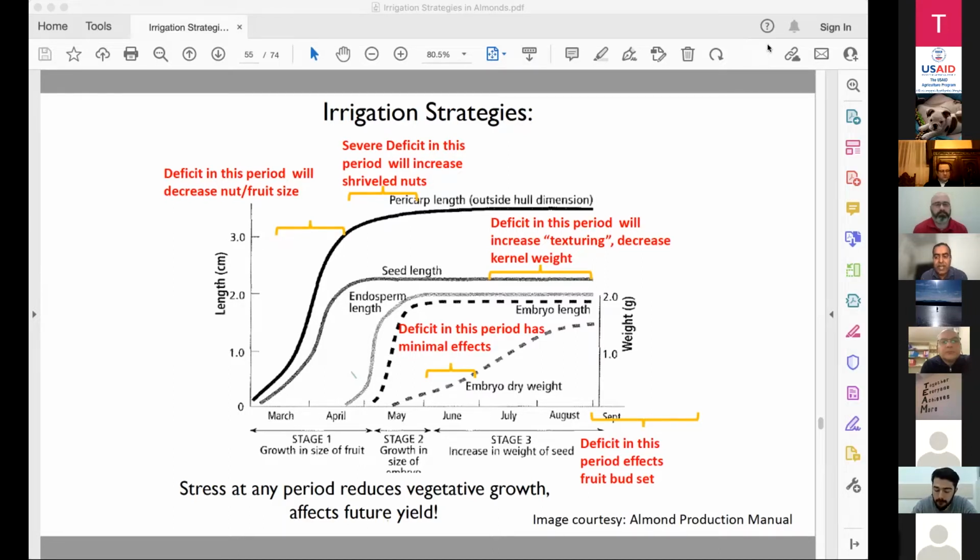So we have to get rid of those air pockets. That's why we apply a good amount of water to flush down, more than the tree needs, in fact. A good amount of water right after planting so that you take the air pockets out.